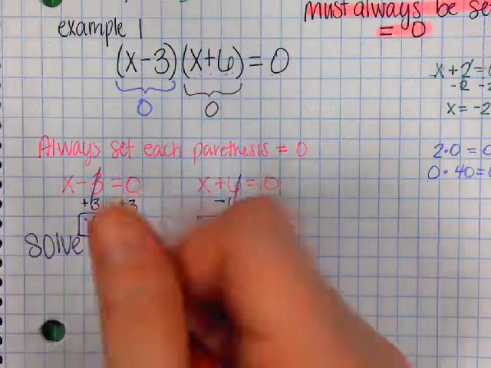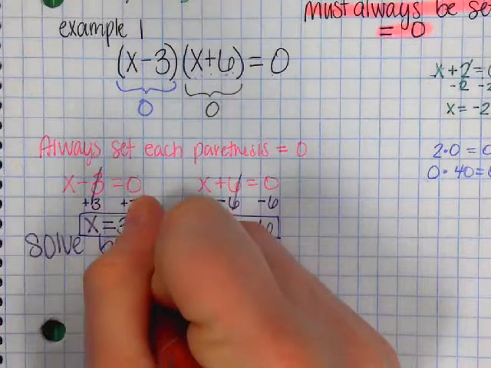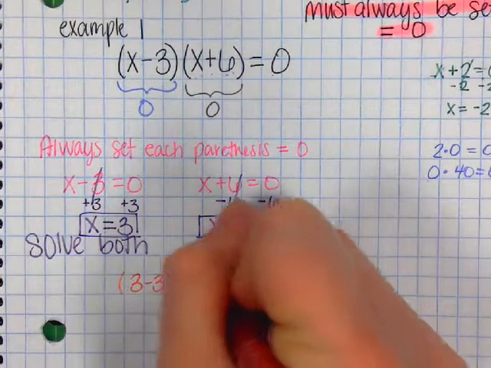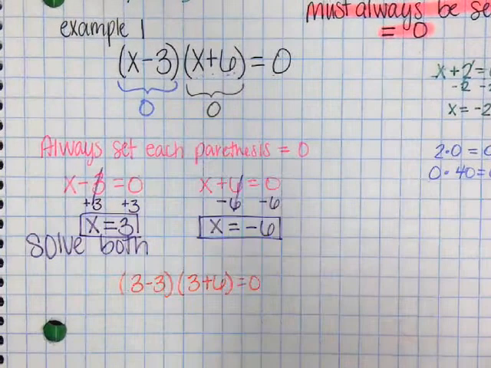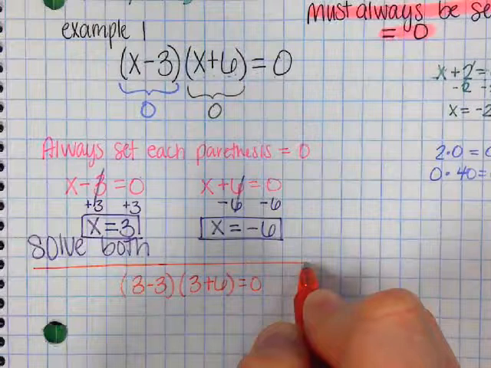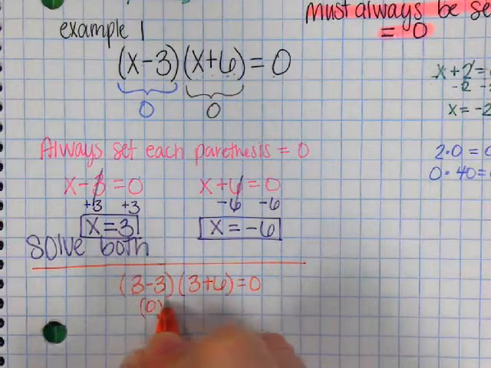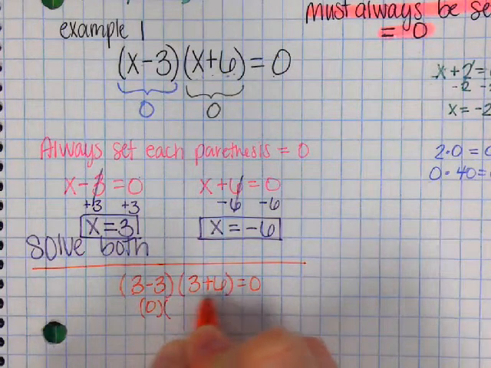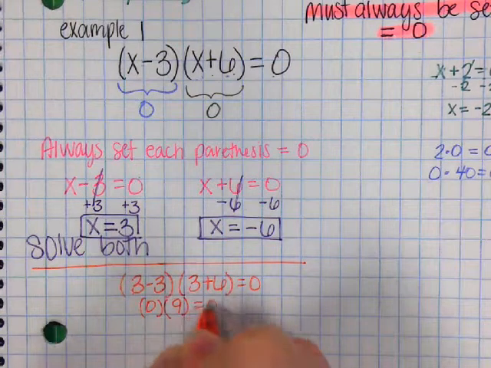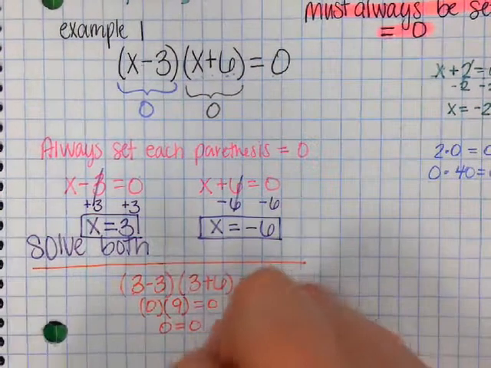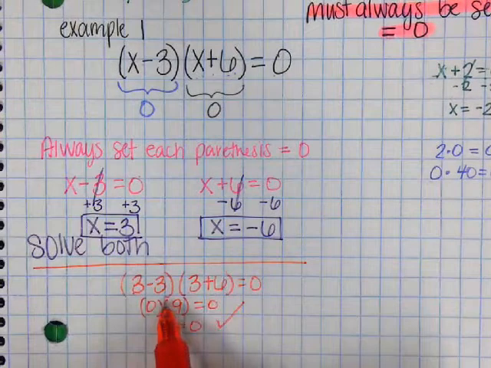So I'm going to do 3 minus 3 and 3 plus 6. You don't have to do this step. This is where you stop. But 3 minus 3 is 0. 3 plus 6 is 9. 0 times 9 is 0, so 0 equals 0.